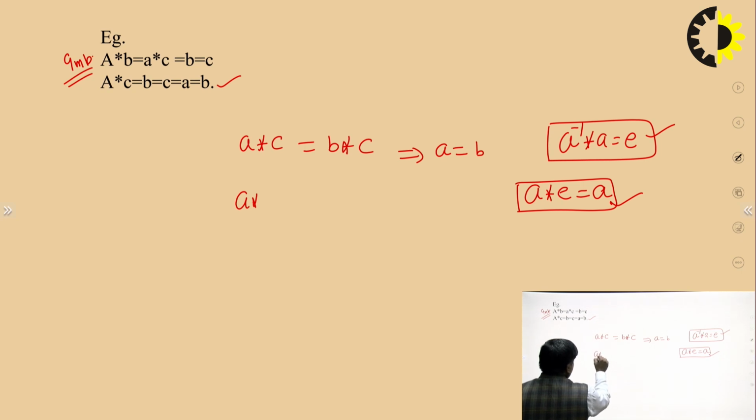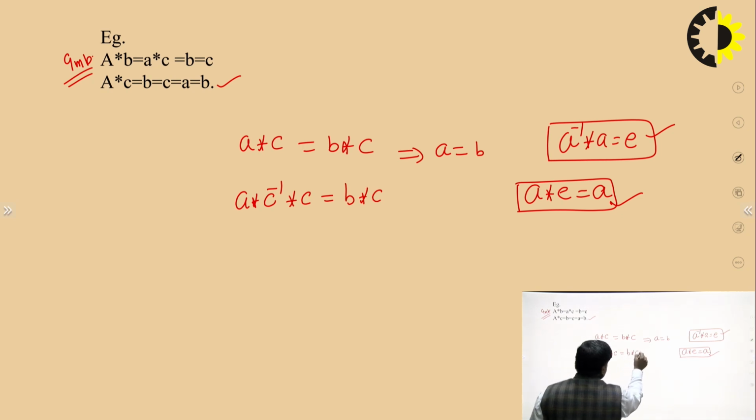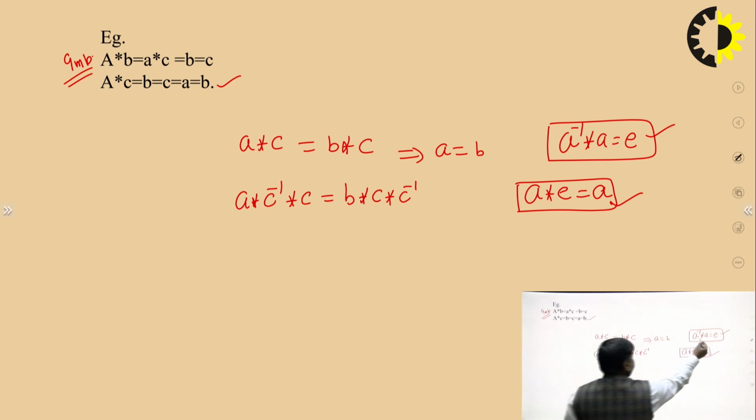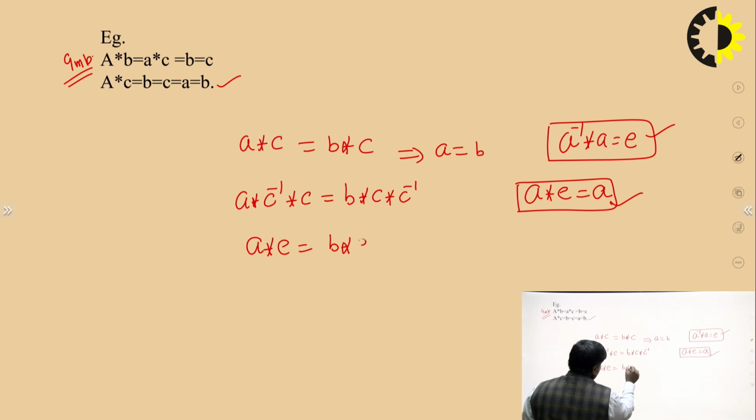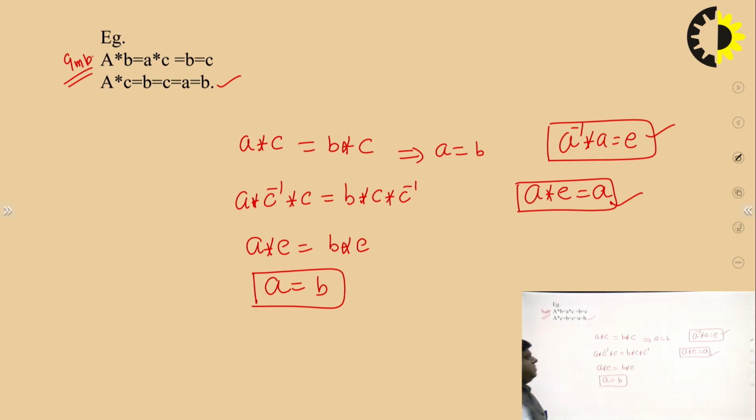Now A into C into C inverse, and here also B into C into C inverse. According to the inverse property, we can write A into E, and here we write B into E. And according to the identity property, we write A is equal to B.